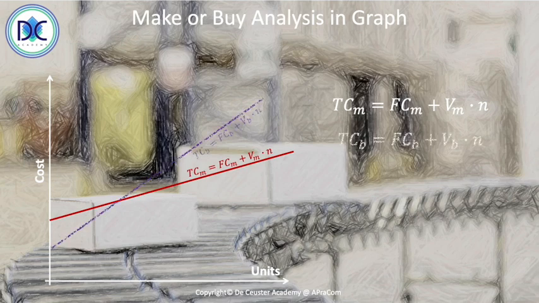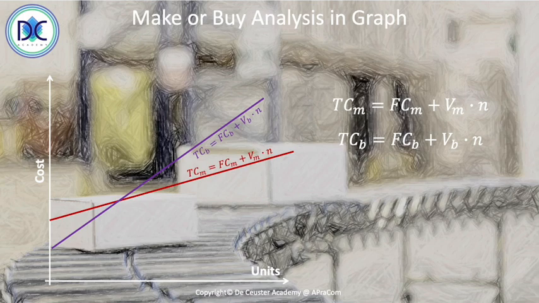The next item is the total cost for buying, where we see that the slope, the purple line, has a higher slope, and this is typically the way it should be, because in order to buy something, our investment as fixed cost is lower, and of course the unit price we're going to pay is higher.